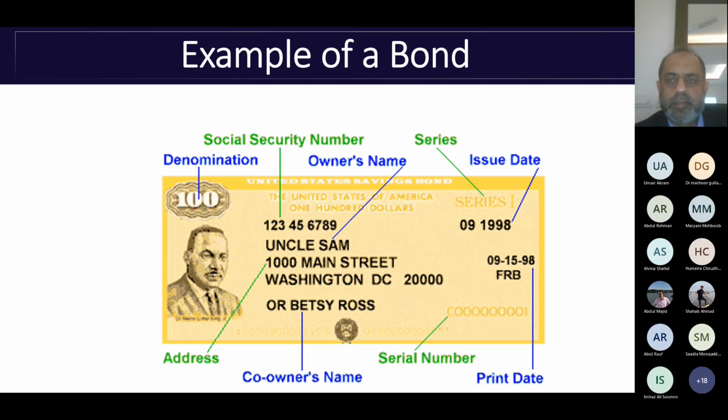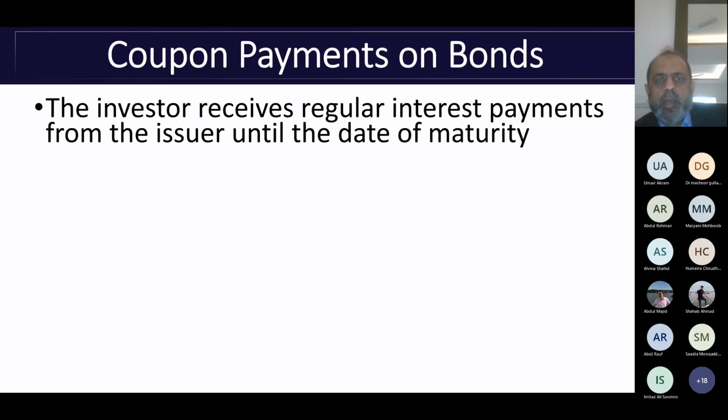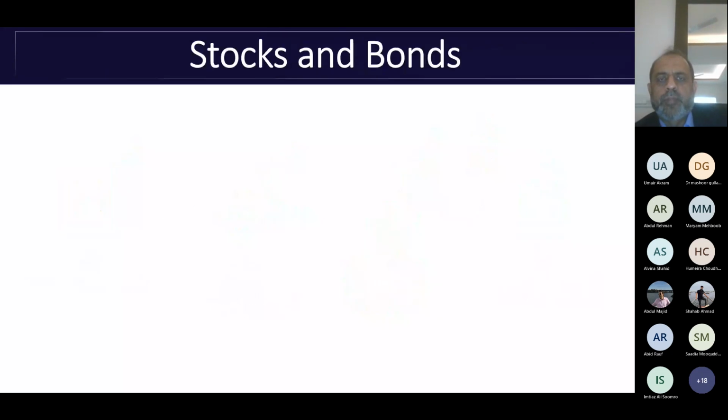It even has the owner's name, the value, the serial number and the issuing date, all of this is there on the bond.